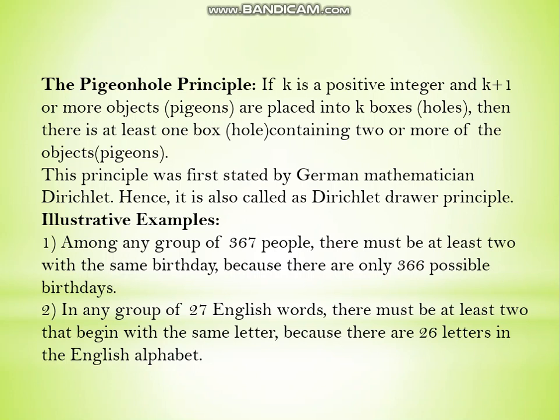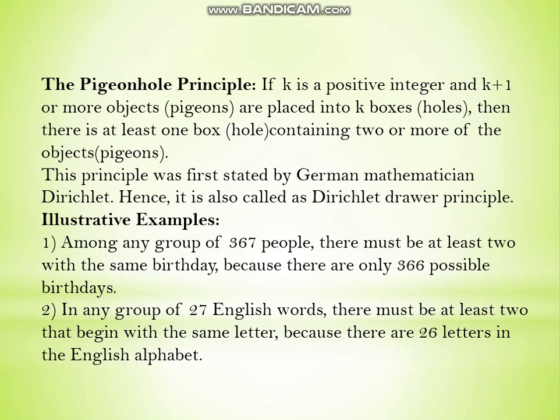Now the second example is, in any group of 27 English words, there must be at least 2 that begin with the same letter. Now let us decide what is the box and which are the objects. There are 27 English words, that means these words are the objects, and let us talk about the boxes.